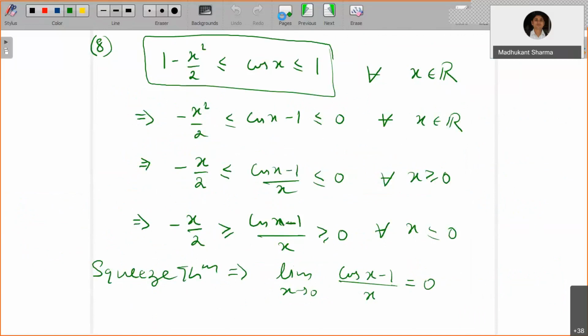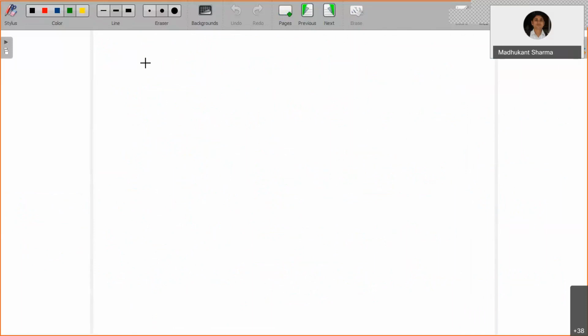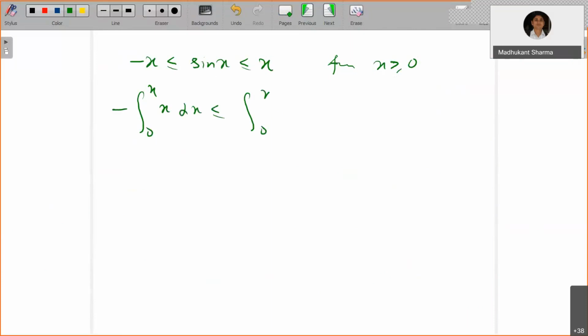Whether x is less than 0 or greater than equals to 0, I know minus x less than equals to sine x, less than equals to x. Now, this implies minus integration 0 to x dx is less than equals to integration 0 to x sine x dx less than equals to integration 0 to x dx.